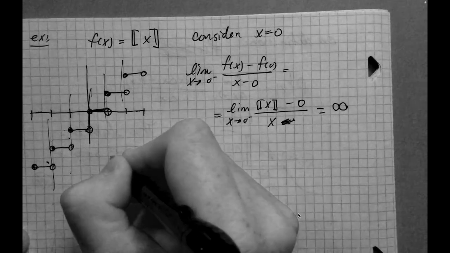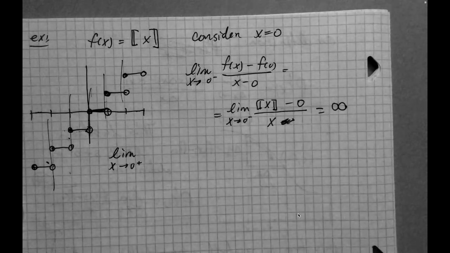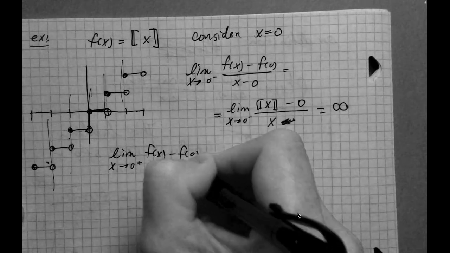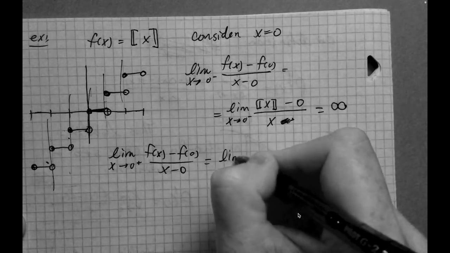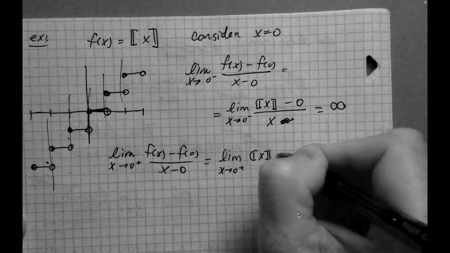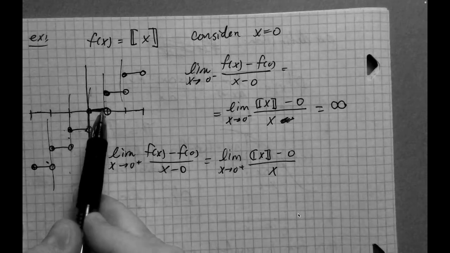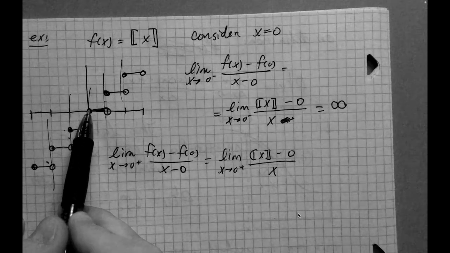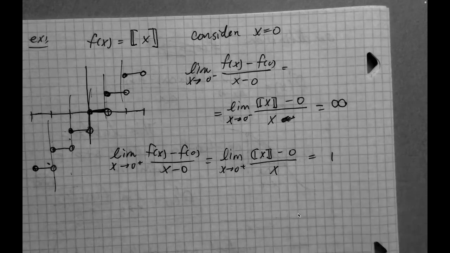What happens from the other side? The limit as x approaches 0 from the right-hand side. Same function here. If we're approaching 0 from the right-hand side, what happens? You get a 1.